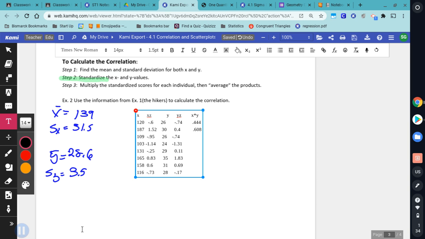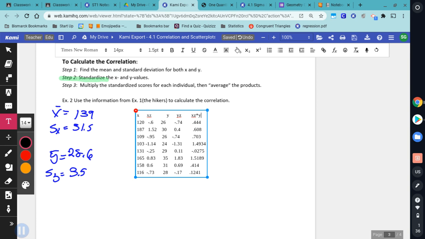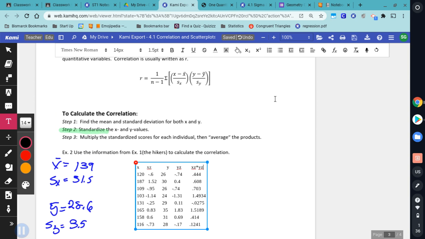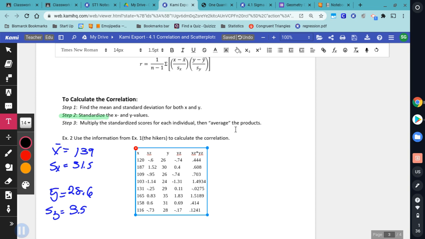Okay, continue that. Okay, so there's the rest of that column. The x is actually the standardized x's times the standardized y's. And then we're going to average the products. No, we're not. We're going to add up all the products, and we're going to divide by n minus 1. We're not dividing by n, so it's not quite an average, but close to it. So we're going to add up that last column.